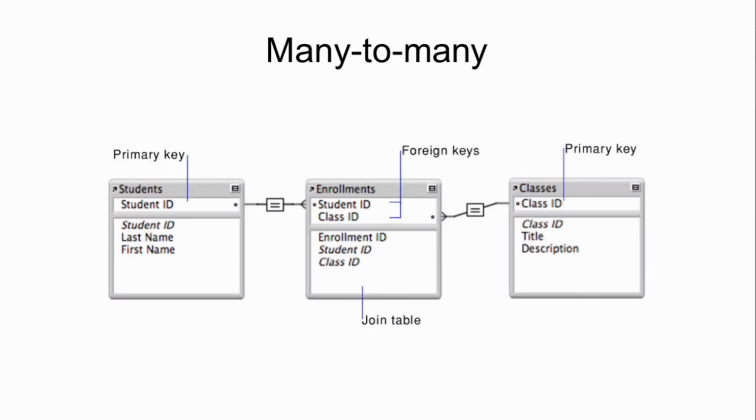Here is an example of many-to-many, in which student ID in students may be the primary key, and enrollments have foreign keys and they are related to their classes.